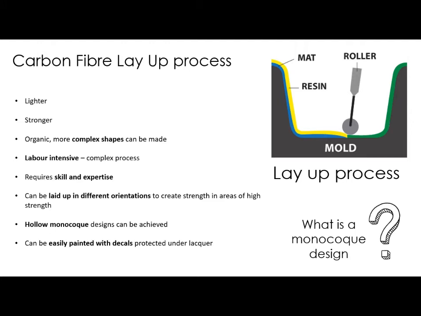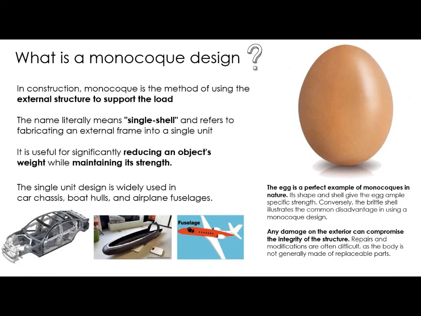So, what is a monocoque design? A monocoque design is where the external structure of the product supports the load. So it literally means a single shell, an external frame.